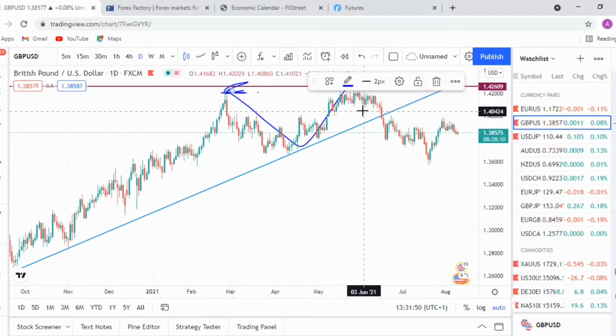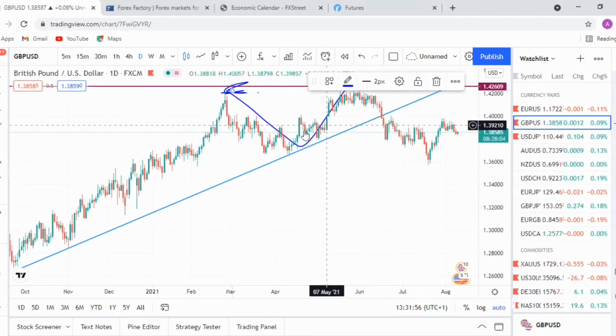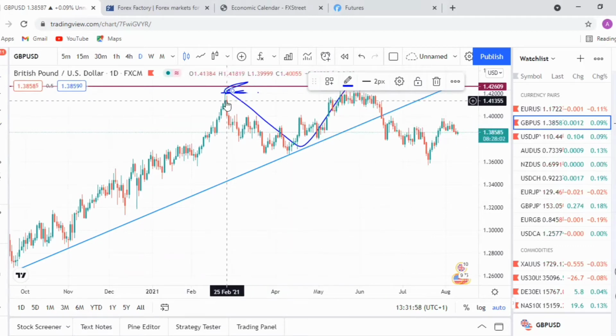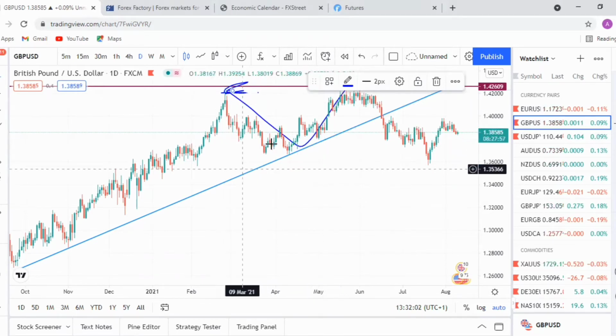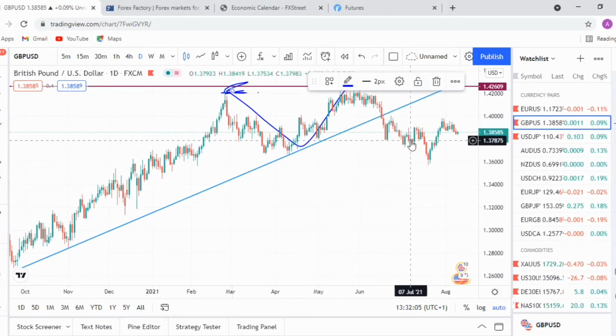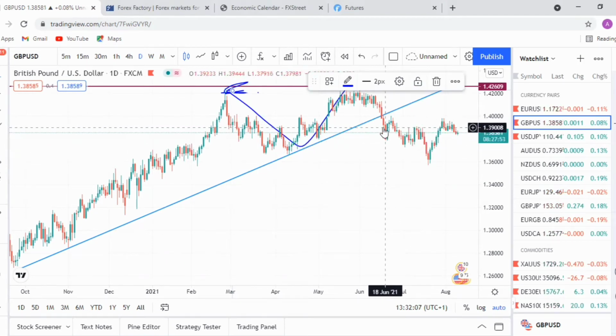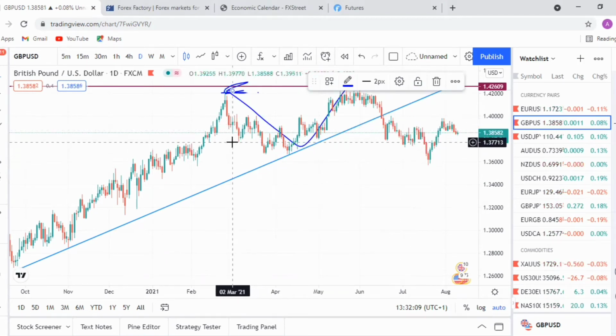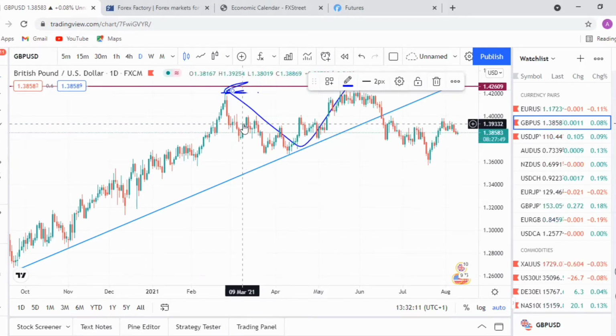Okay, so what I'll do is, the market has failed to push higher. I would wait to see the market break this trend line, which it did, and now it has broken the trend line and has come to do a retest.